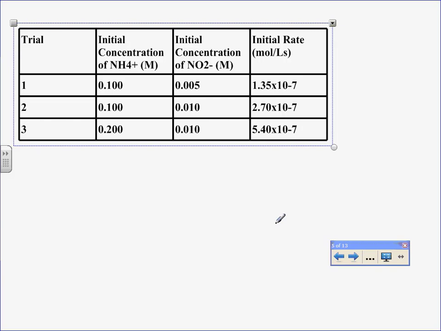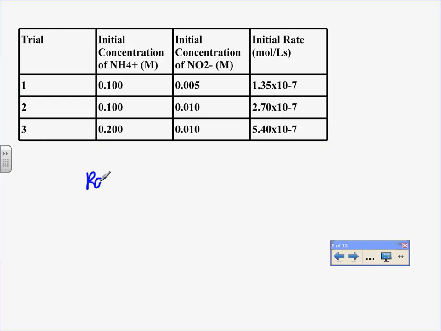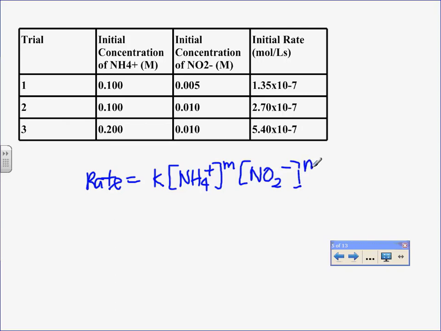Now in this case, we're looking at a scenario where we've got two reactants. So we know that the rate is going to be equal to the rate constant times the concentration of NH4 plus raised to some power times the concentration of NO2 minus raised to some power.